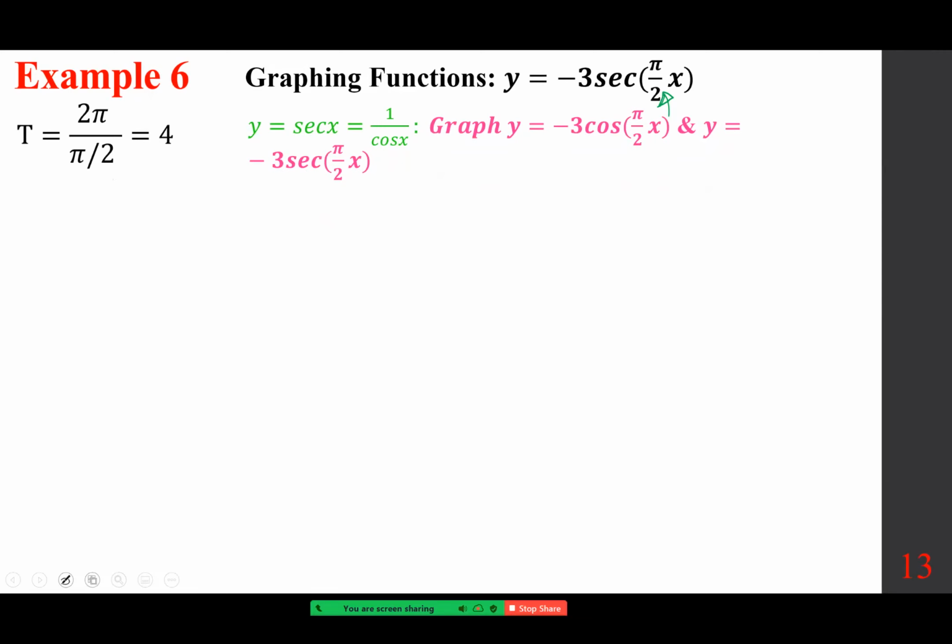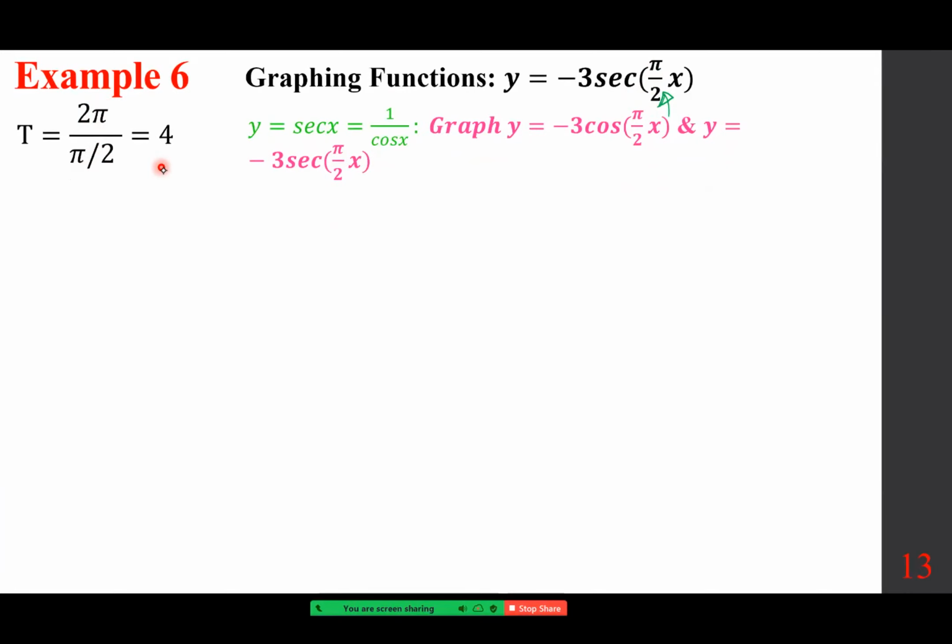So y is secant x, which is 1 over cosine x. We're going to graph the cosine and then the secant. So that's a general idea. But for now, let's stick with the period. 2 pi divided by pi over 2 is 4.